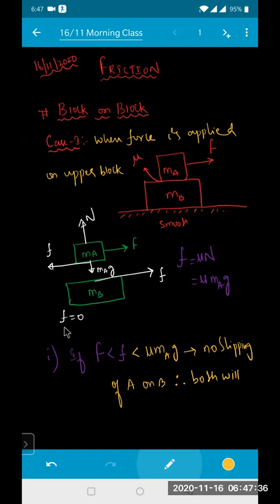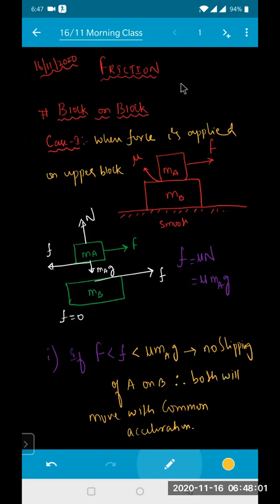On the ground, what is the frictional force right now, beta? 0. So yes, your applied force is greater than this, but the total system will move with one common acceleration. So both will move with common acceleration. That is the given condition right now.